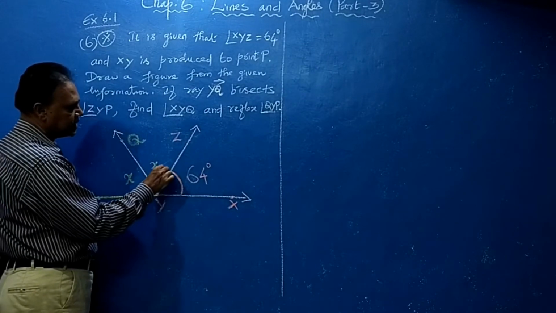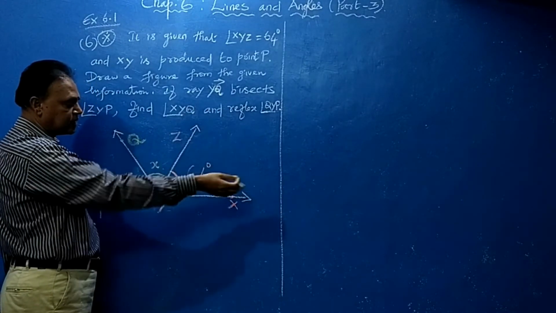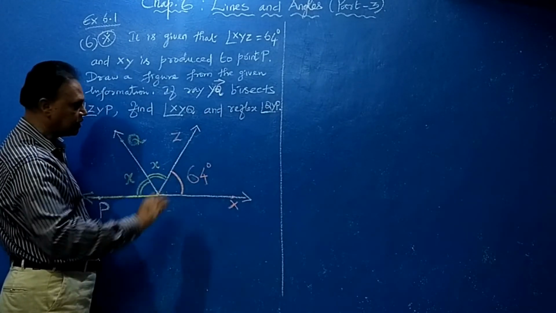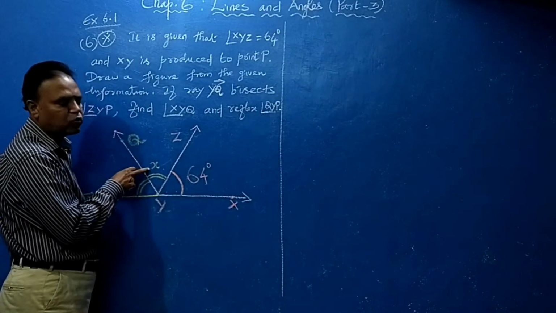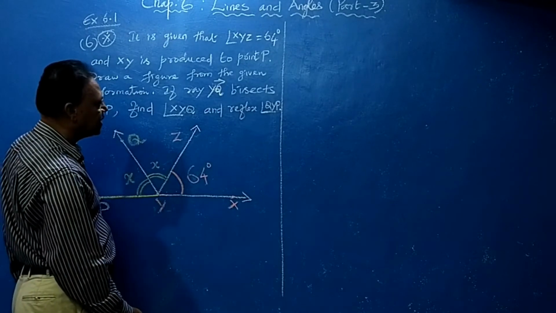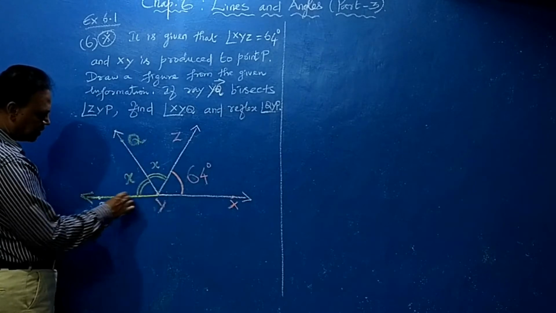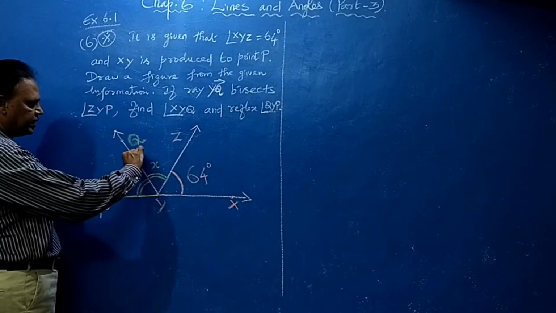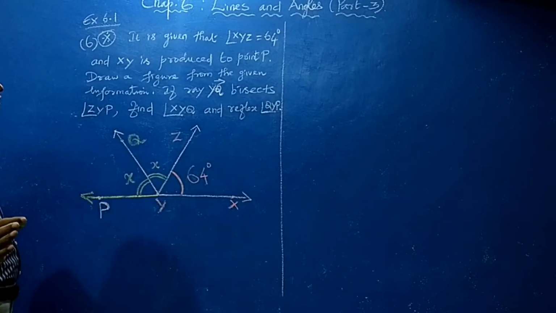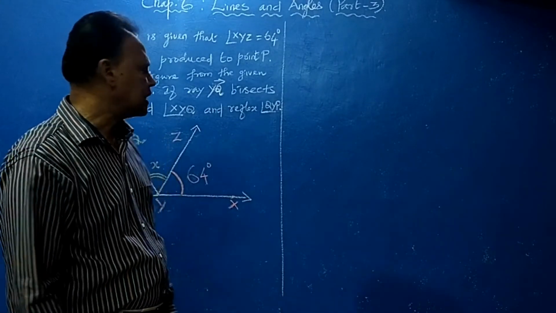So x plus x, 2x, plus 64 is 180 degrees. Then 180 minus 64 gives 2x, then x we can easily find. Then add 64 and x, and you will get XYQ. Then the reflex angle QYP. QYP is only x. Reflex angle means you have to subtract it from 360. Clear? Easily we will get it.